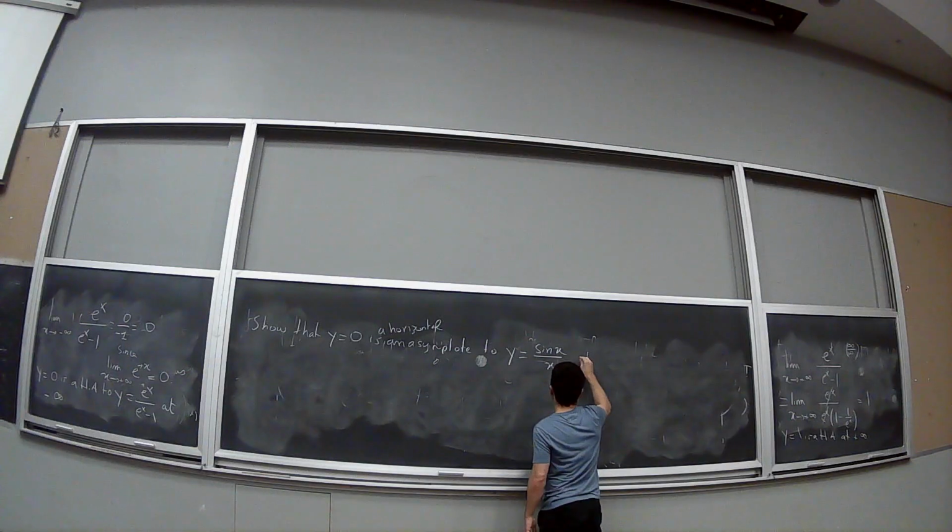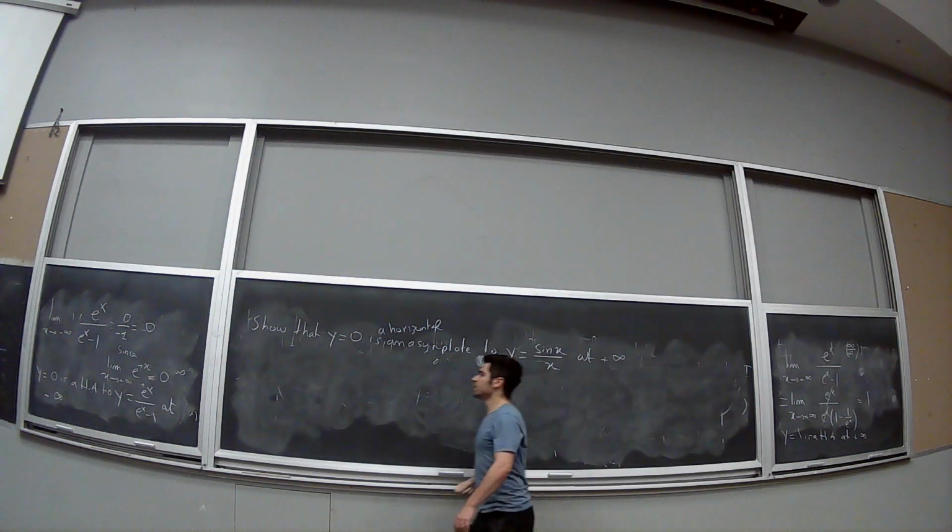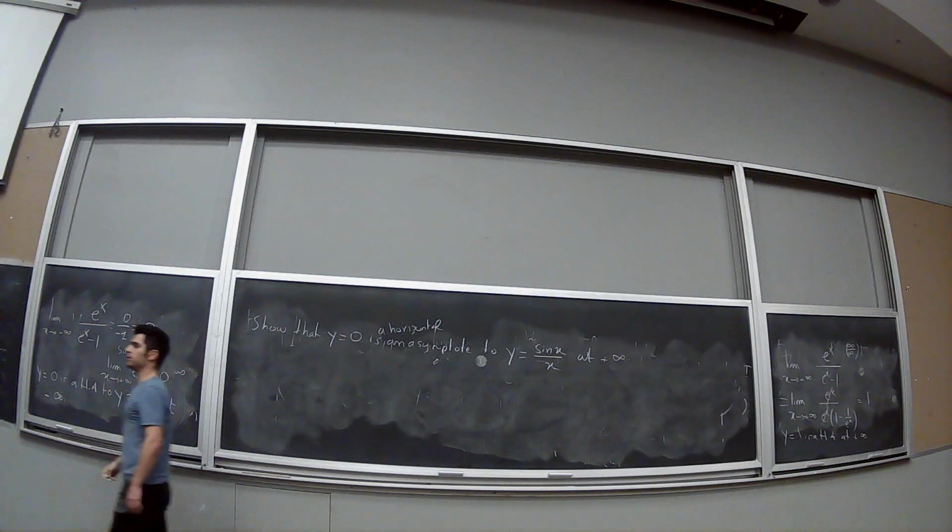I mean, also at minus infinity, but this is the plus infinity case. So really, what do I have to find? What I have to find is the limit as x goes to infinity of sin x over x. What's the first thing I try? I try to plug in.